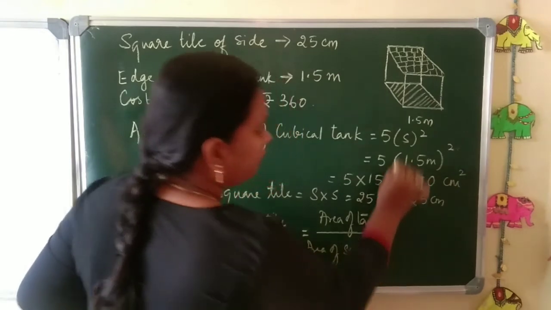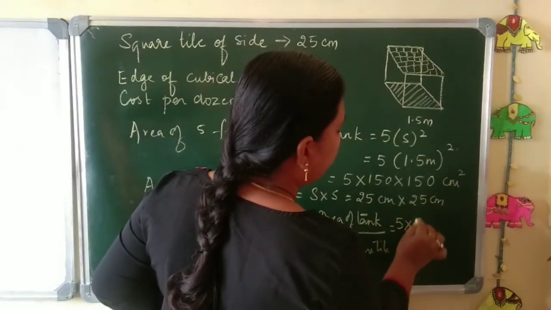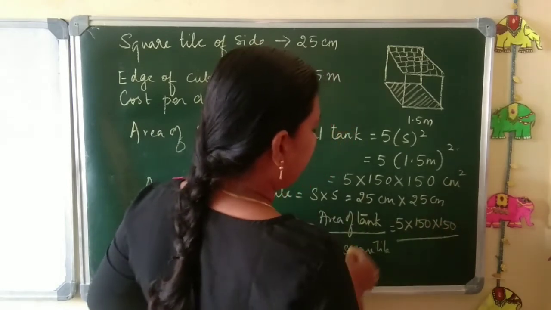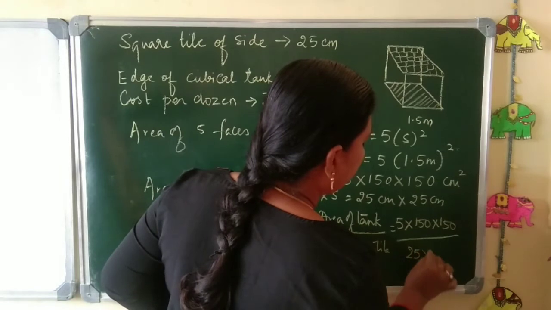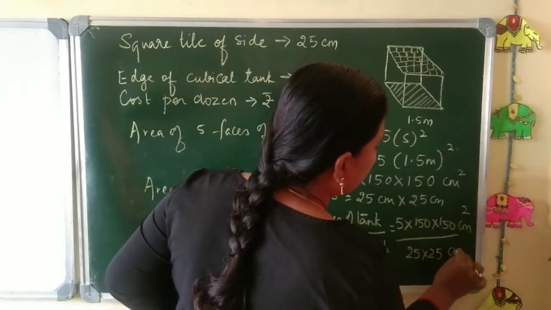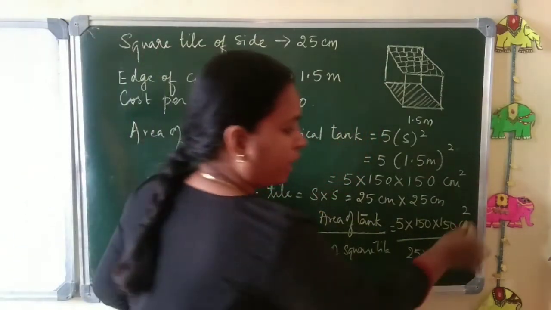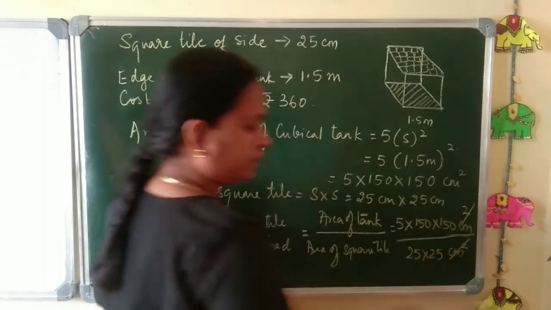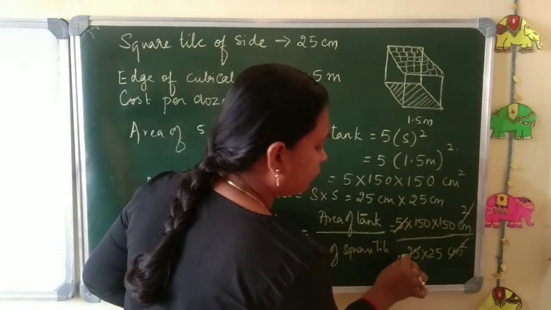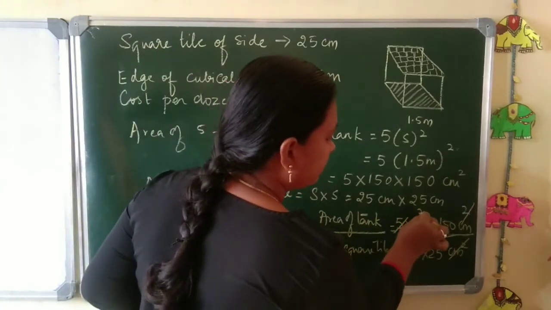Now they both are in the same units. So here it will be 5 into 150 into 150 divided by 25 into 25, and both are in centimeter square. Now we will try to simplify. These two will get cancelled and here it will be 5 into 1, and here you can cancel 5, and here you can cancel 5 and it is 30.